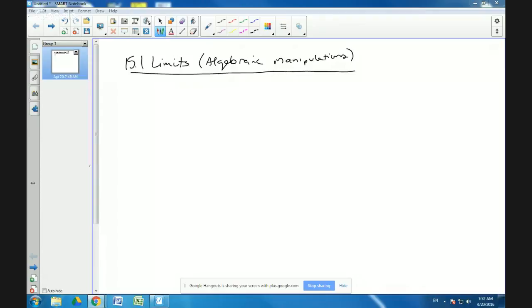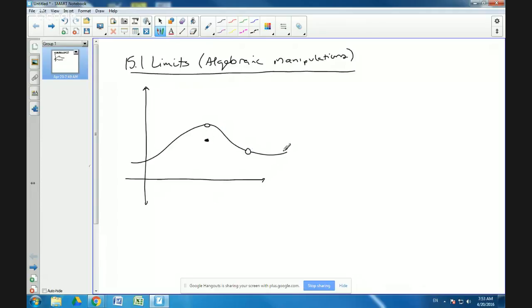All right, so if we're on limits, just a quick overview. This is what we did last Wednesday. If I give you some sort of graph, let's say it looks like that. We call this some function, right?